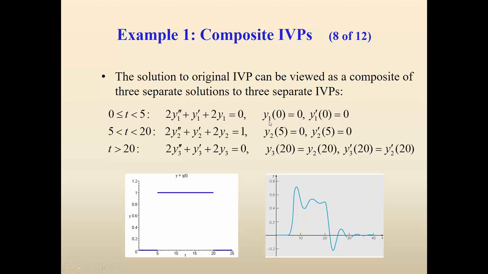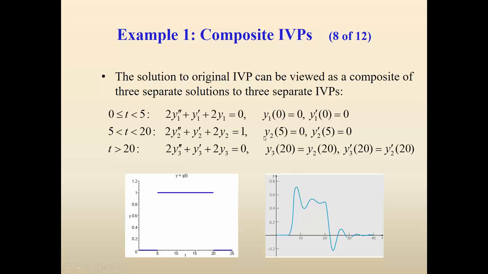Notice because I have 0 initial conditions, this solution will always be 0 as long as there's no forcing term. So that's why, for the second step, we still have 0 initial conditions, because y1 is 0 there. So once again, now solve for y2. Now, because of this forcing term right here, it won't be 0. Remember this right here.